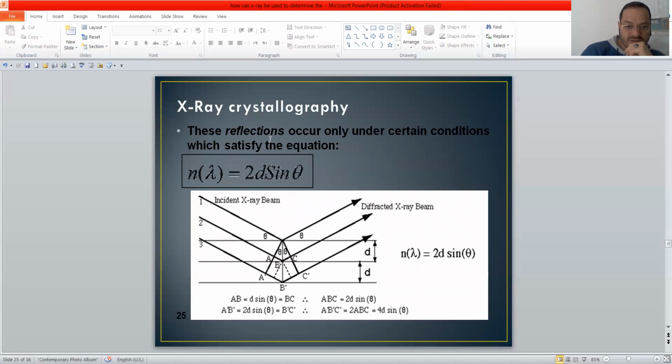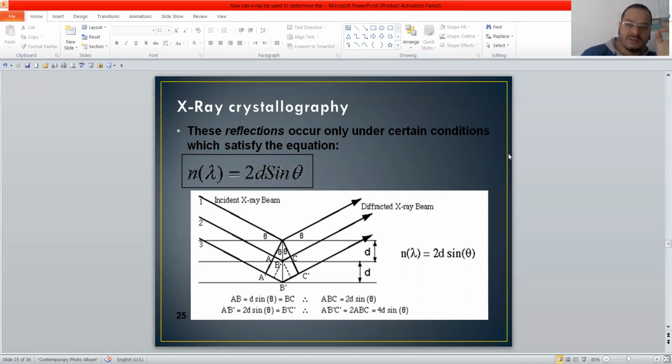Here it's important, this law is important, this form. These reflections occur only under certain conditions which satisfy this equation. I repeat, that's an important note. These reflections, all of these reflections, occur only under certain conditions.